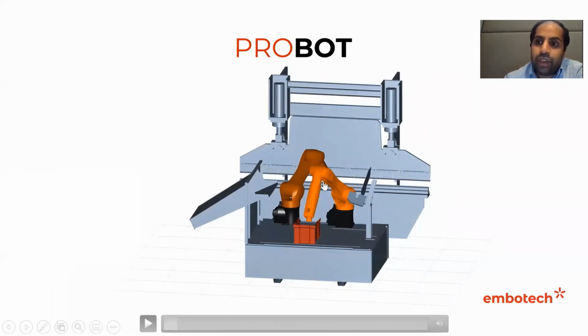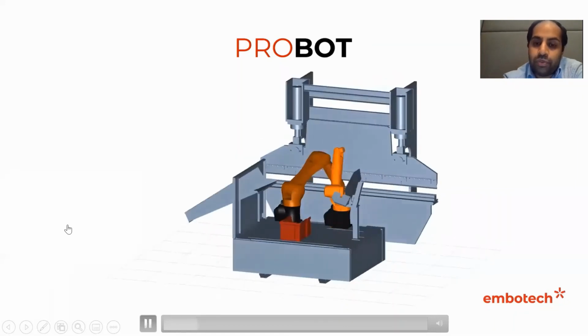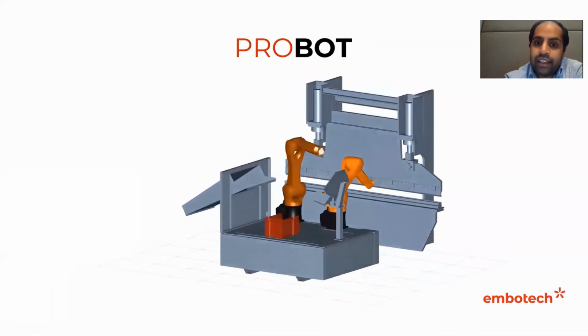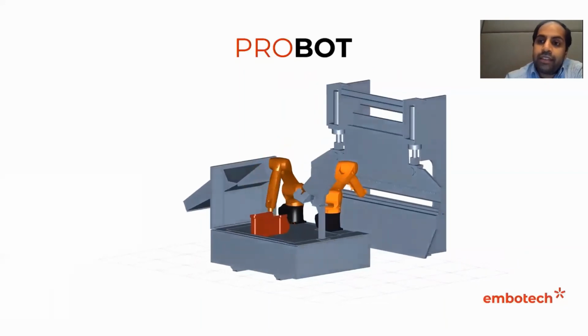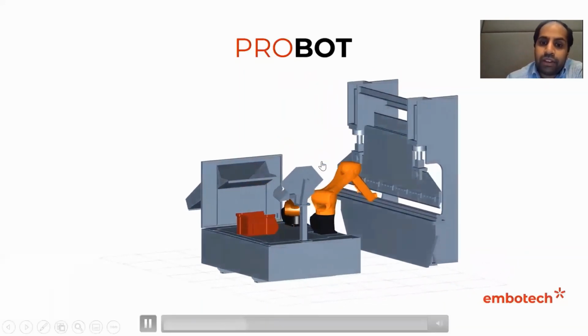And what is done to actually realize it is you have two robots that work synchronously, and you need to plan the motion so that they optimally do their task. And what they do is they pick out of the bin a metal sheet, then they do some alignment on this alignment station, then they do the manufacturing process, and the manufactured part then gets deposited into this bin. And you see now the motions of the two robots are calculated such that they are optimal, and then as a result we can use the manufacturing place as much as possible.